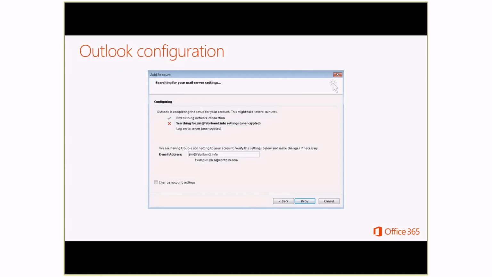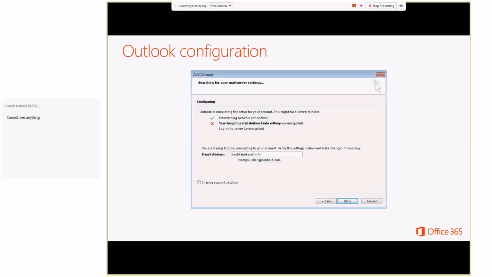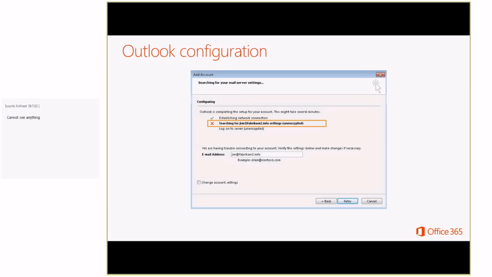We get a window that is searching for our mail server settings, and there are 3 steps in this process. The first step establishes a network connection. This step almost never fails. The second step is where it goes out and searches for the mailbox settings for the user.